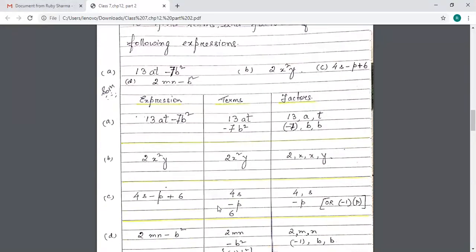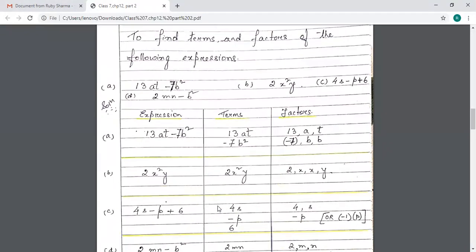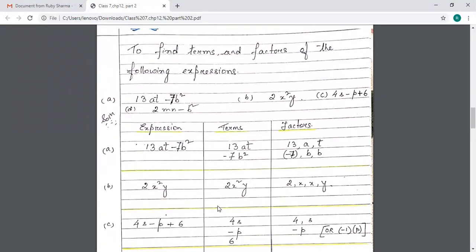Now here are some exercises, to find terms and factors of the following expressions. Now here I have given you 4 expressions. So you know by now how expressions are formed, isn't it? Terms are added or subtracted to form expressions.